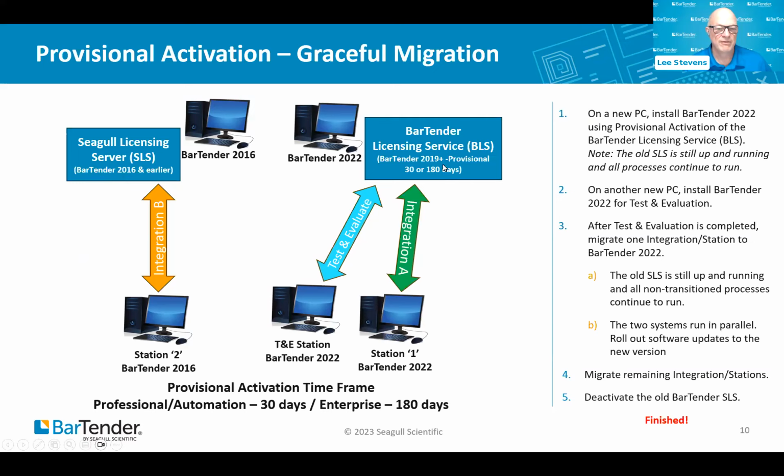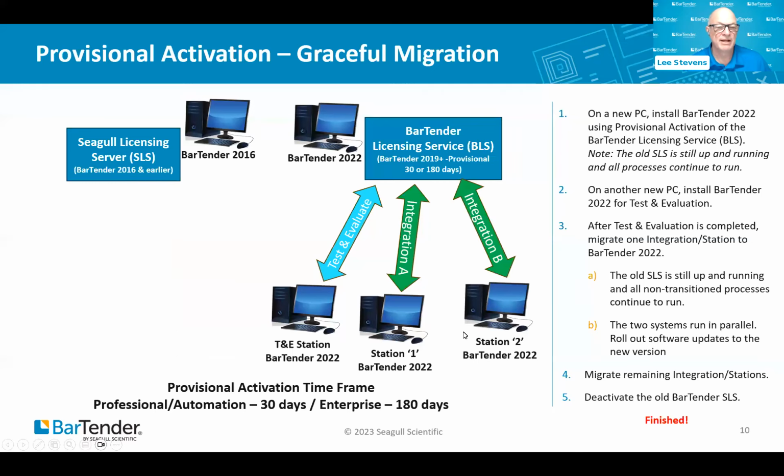So notice here, I've moved integration A over to a new station, and I've done my test and eval. I've moved that one. My old one is still running as well, that remaining integration. And that's basically what you're going to do. You're just going to move things one at a time until all of your actual printing is now being done through BarTender 2022.